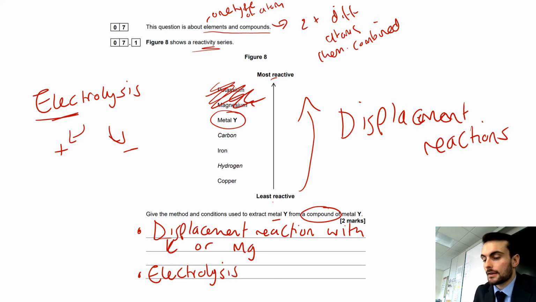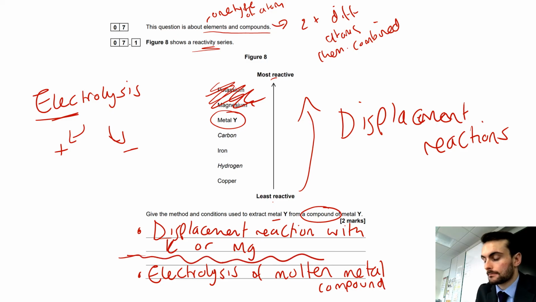That's your first mark. And then what state does it have to be in to be able to do electrolysis? It has to be as a liquid, so molten. So of a molten metal compound. So there's 2 possible answers for that. You only need one. Easiest one is displacement, most obvious one.